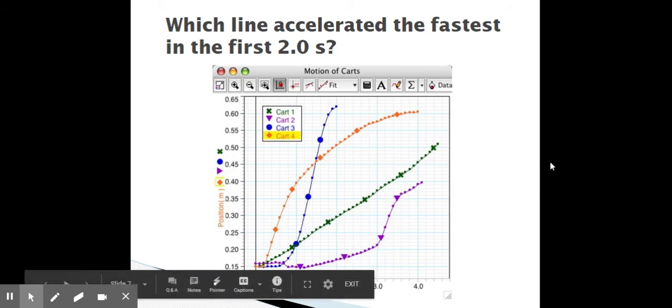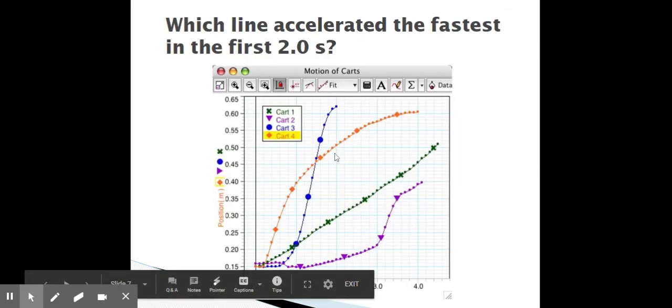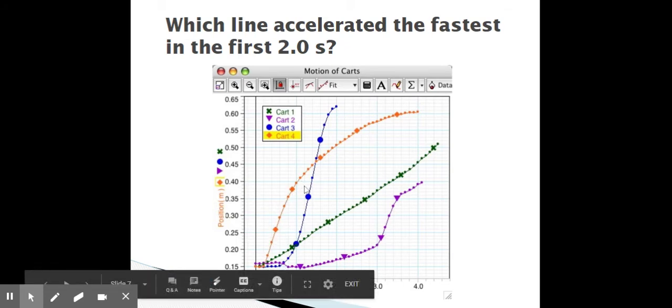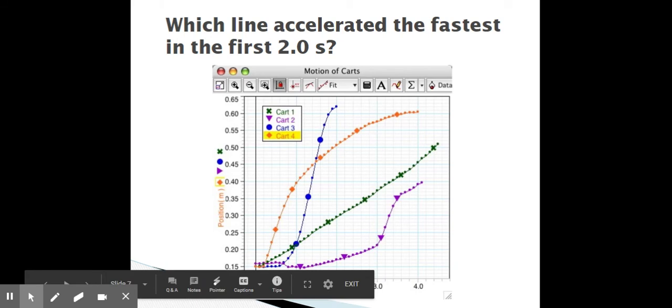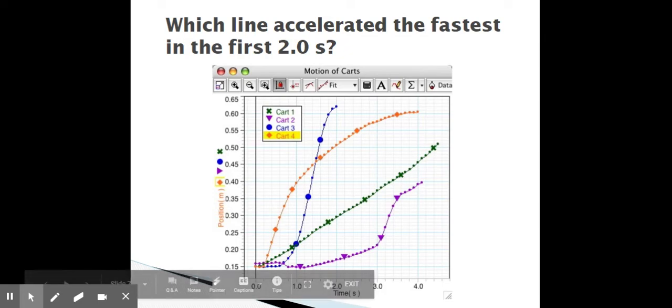Well, in the first 2 seconds, the one that accelerates the fastest is actually the blue line, okay? But if I were to say which one accelerated the fastest in the first second, well, that is clearly the orange line, right? And then if I ask you which one has the most constant rate of acceleration, that would be the green, because it has the least curvature and is closest to the straight line.